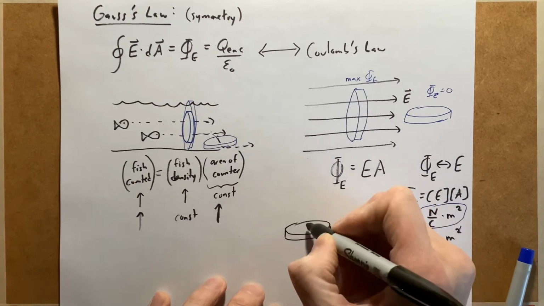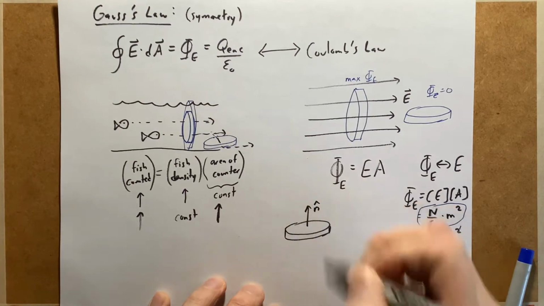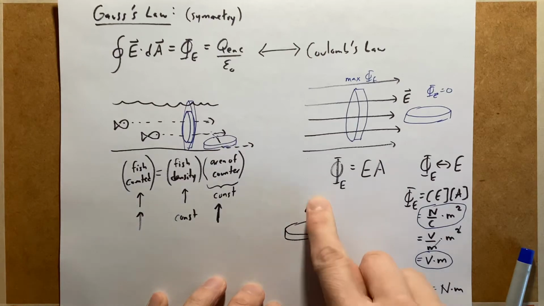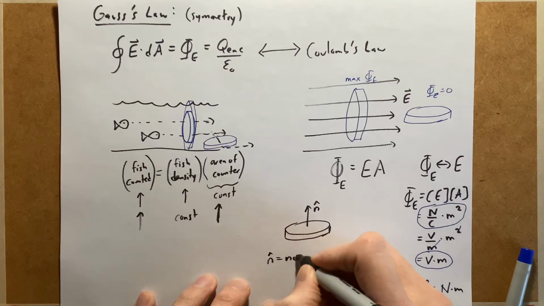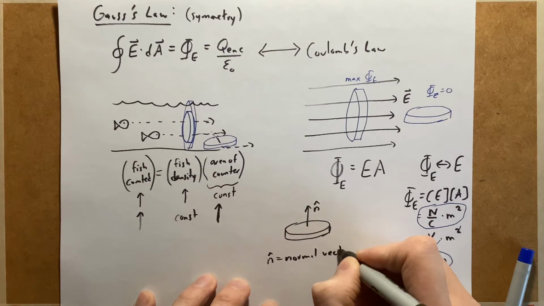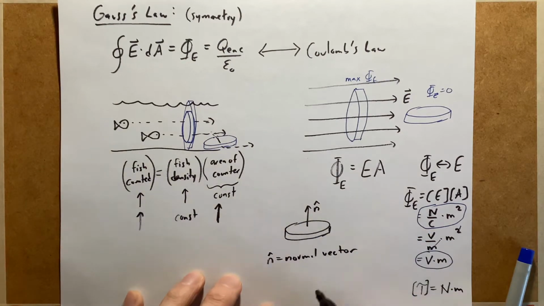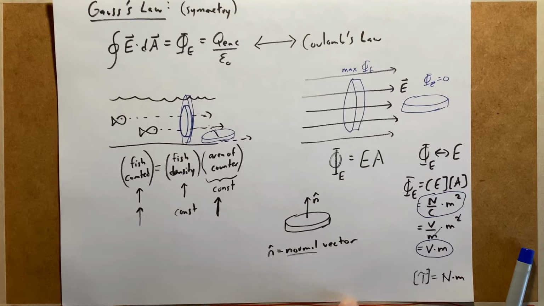The tool we have is called the normal vector. So it is a unit vector, hence the hat. Okay, so n hat is called the normal vector. It is a unit vector. And its definition, as might be suggested by the word normal, is another word for perpendicular. For instance, in physics 1, you talk about the normal force.